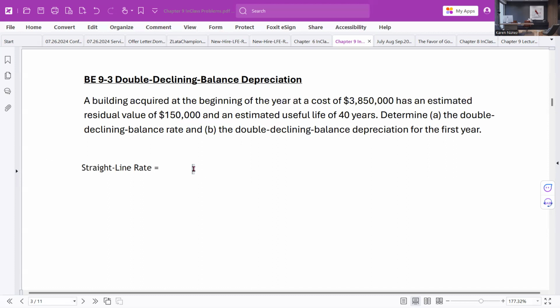So we've got 100% and we want to divide it by the estimated useful life, 40 years.